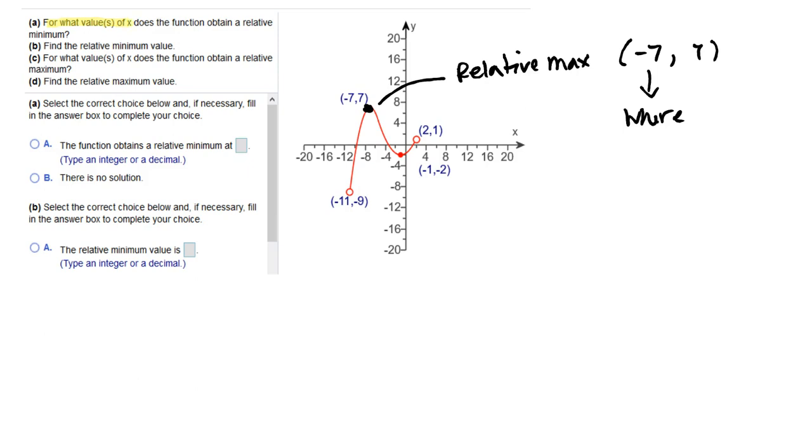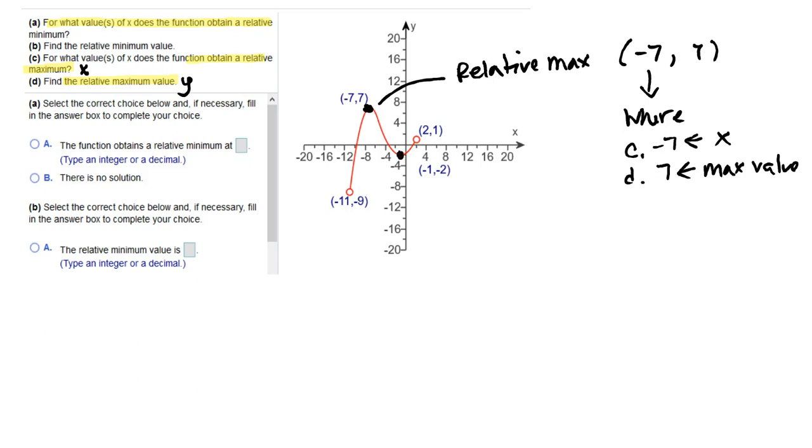For what values of x does the function obtain a relative maximum, and then find that relative maximum. So this part C is asking for the x, and the part D is asking for the y. So you're going to answer for part C, -7, and for part D, 7. So this is the maximum value, and this is the location, the x, at which the maximum occurs.